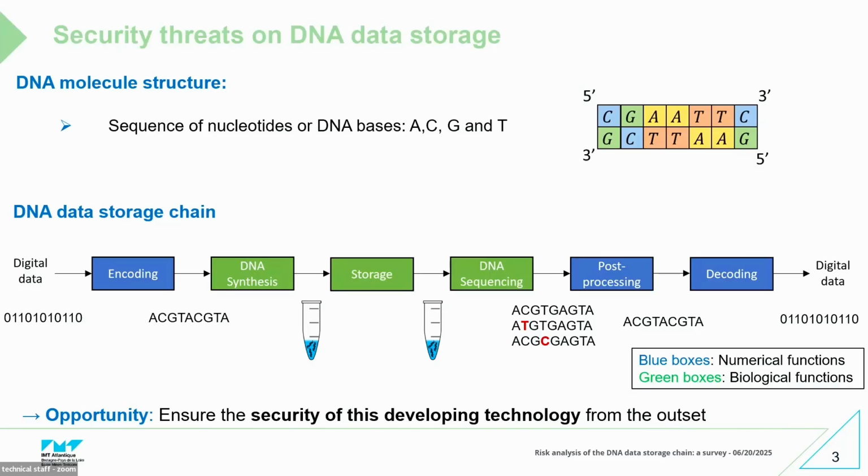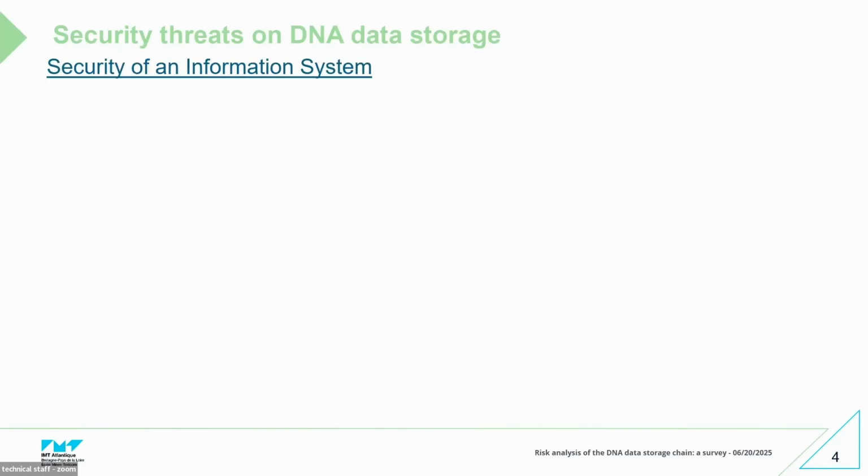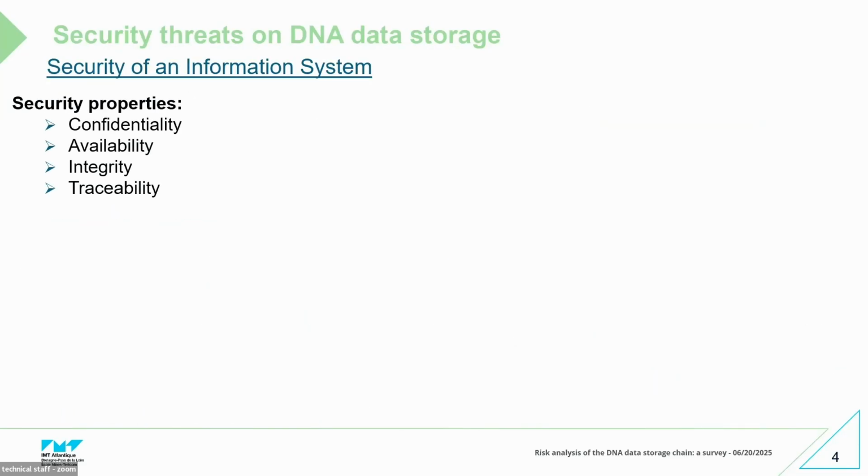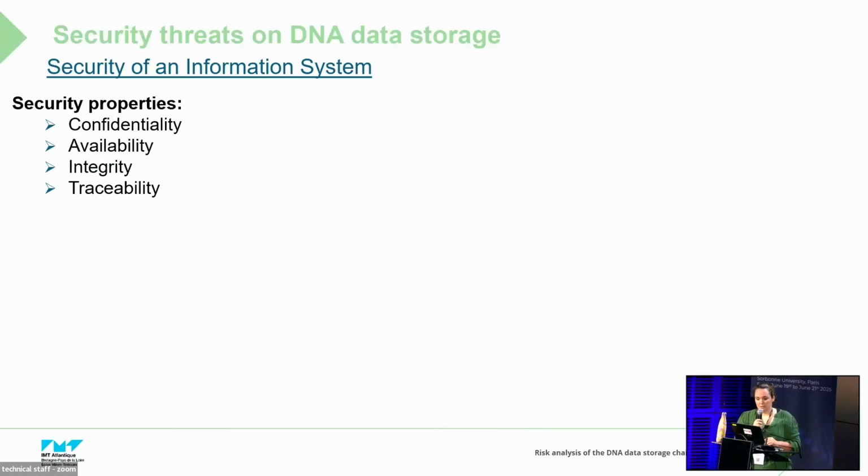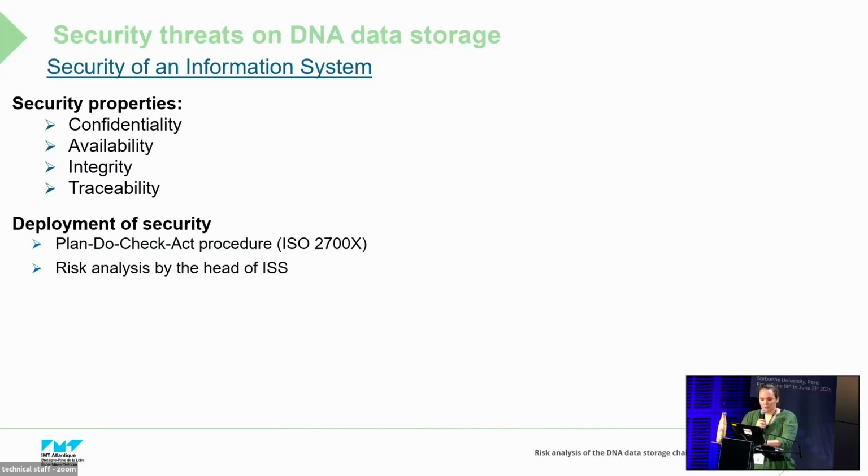I will now define how security is typically done for information systems. Security requirements are usually divided in 4 categories: confidentiality, availability, integrity, and traceability. To deploy security in a company, a head of information system security oversees the deployment and follows a plan-do-check-act procedure to offer constant improvement in data protection.